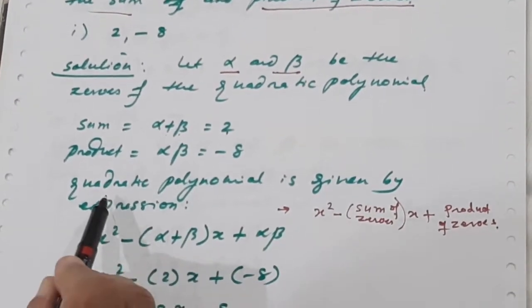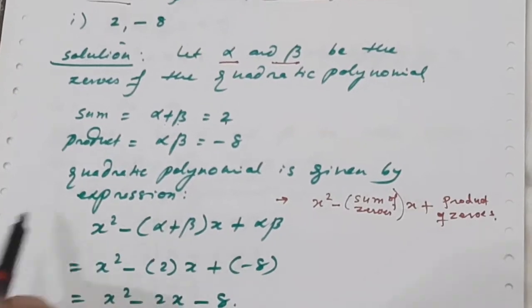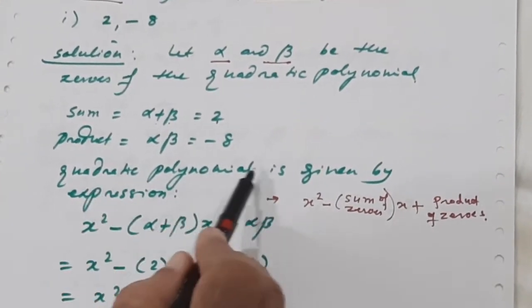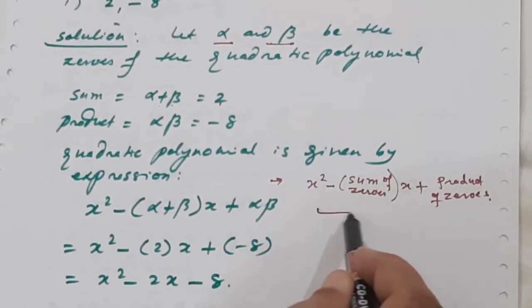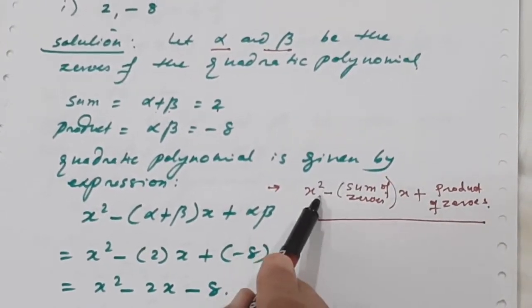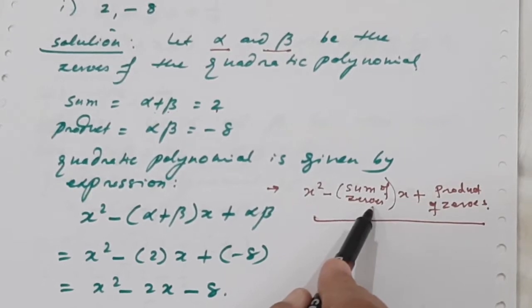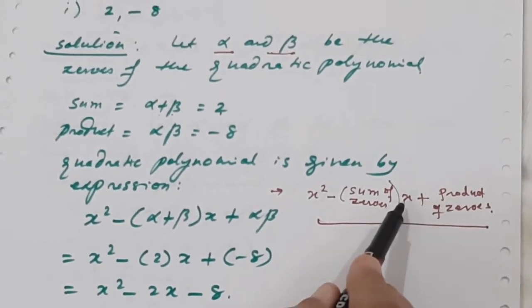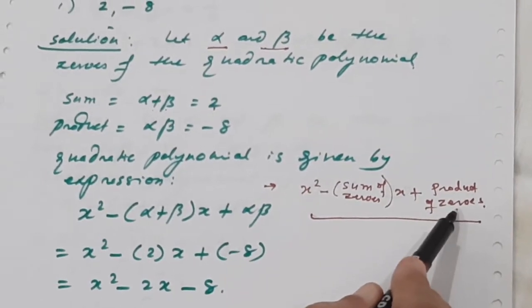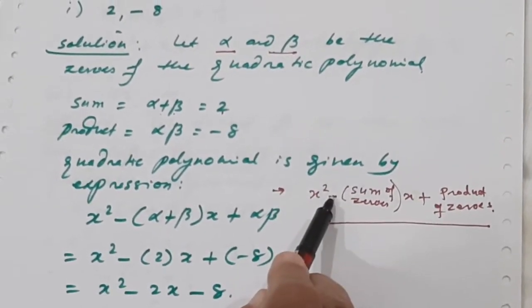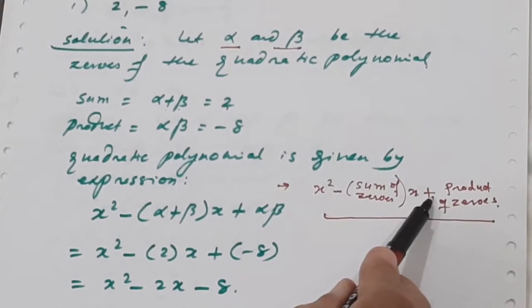Now there is an expression of a quadratic polynomial. So the quadratic polynomial is given by the expression x square minus sum of the zeros into x plus product of zeros. So you have to take minus sign here and plus sign here.